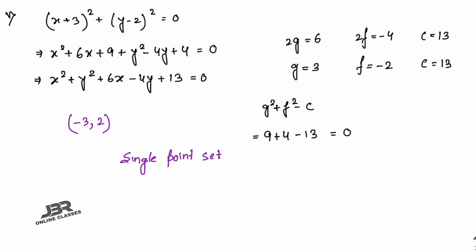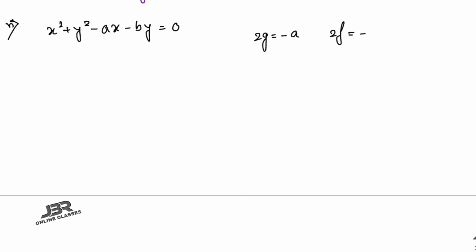Now next one, sum number 6. This is the last one from sum number 1. So here x square plus y square minus ax minus by, that one equal to 0. Okay, that means here 2g equal to minus a, 2f equal to minus b, and c equal to 0. So g equal to minus a by 2, f equal to here minus b by 2.